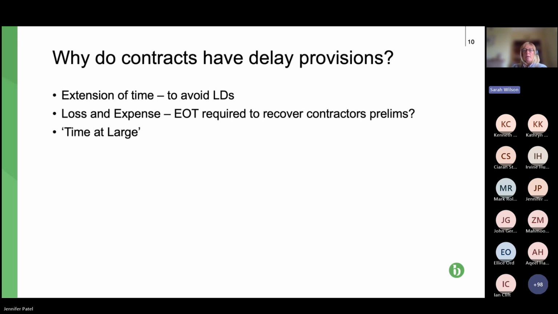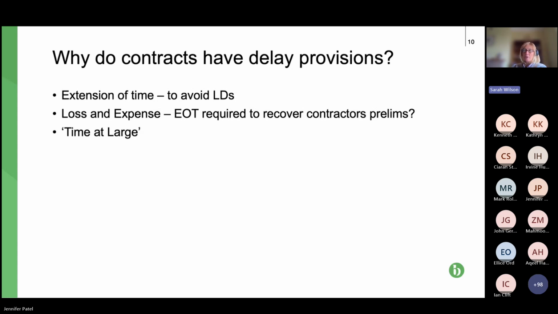So why do contracts have delay provisions? Well, effectively, the key clauses in a construction contract are what work is going to be done, for what price, and when the work is going to be completed.